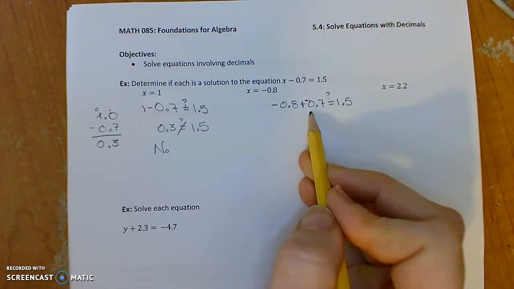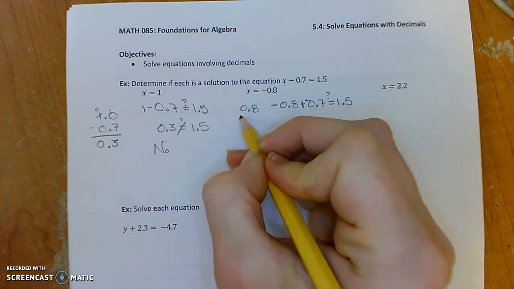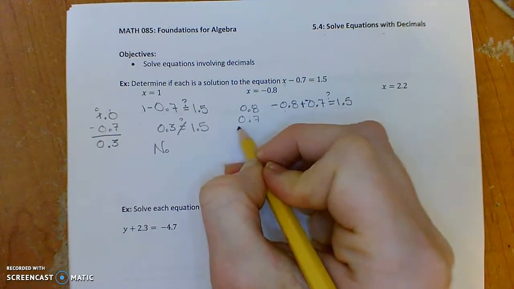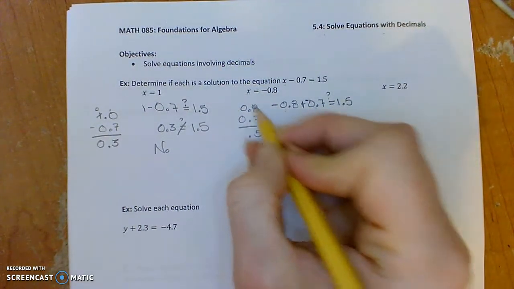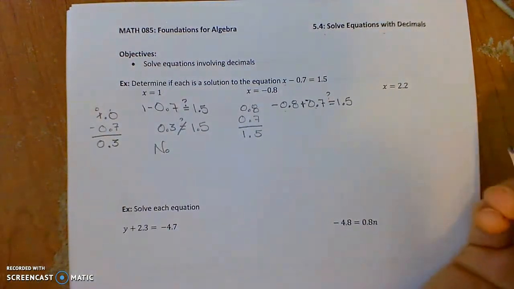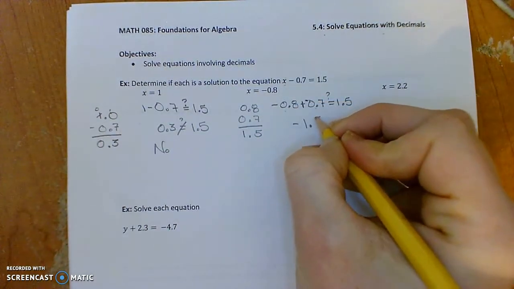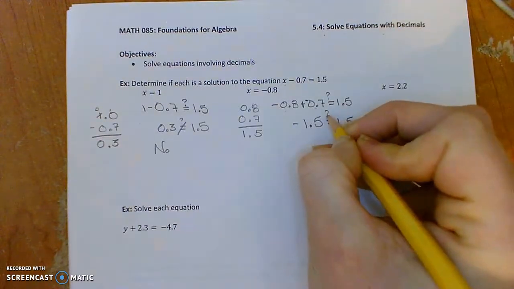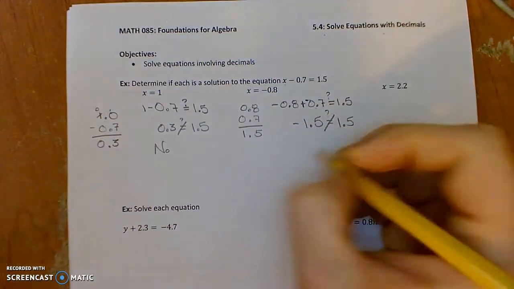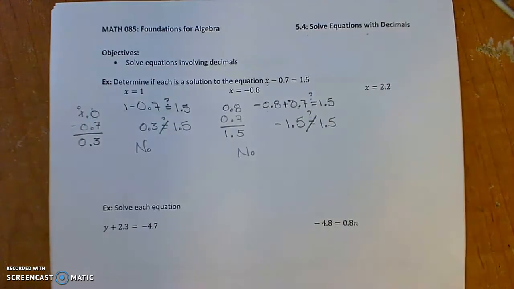So I'm adding two negative numbers here. So I know that I'm going to have to add the absolute values together. 0.8 plus 0.7 is 1.5. And the two numbers are negative, so my answer will be negative 1.5. And is that equal to 1.5? The answer is no, they're not equal. So no, negative 0.8 is not a solution.